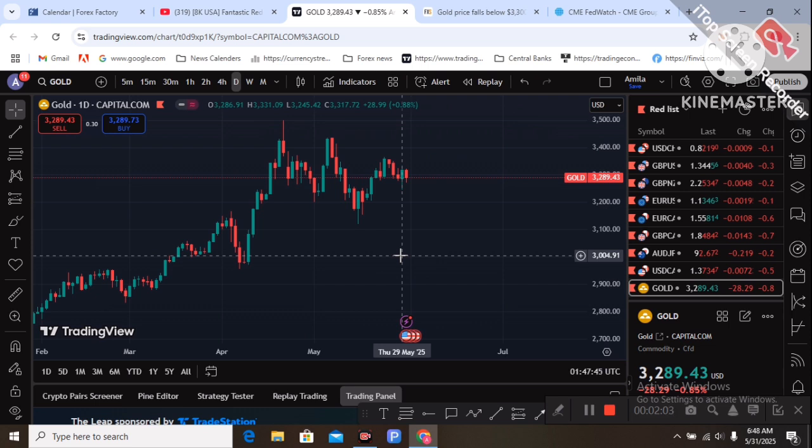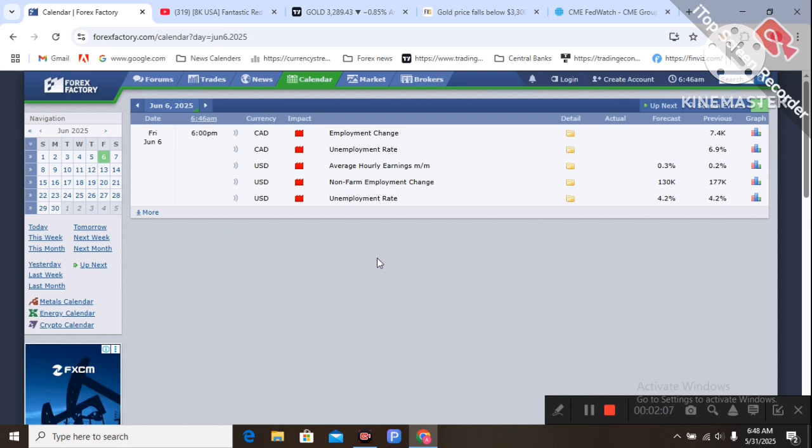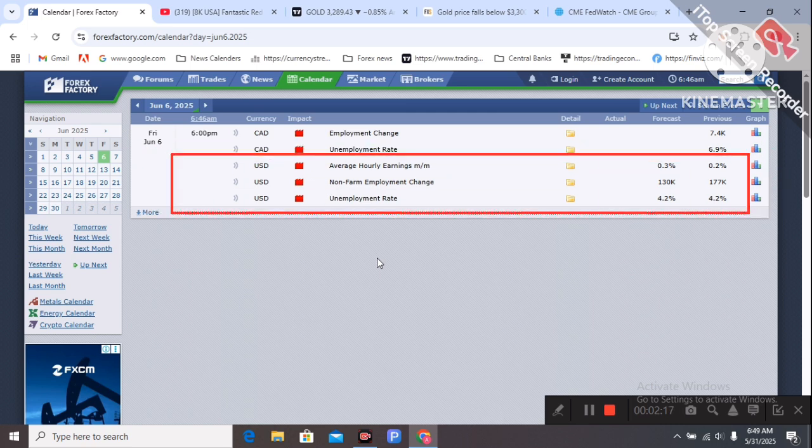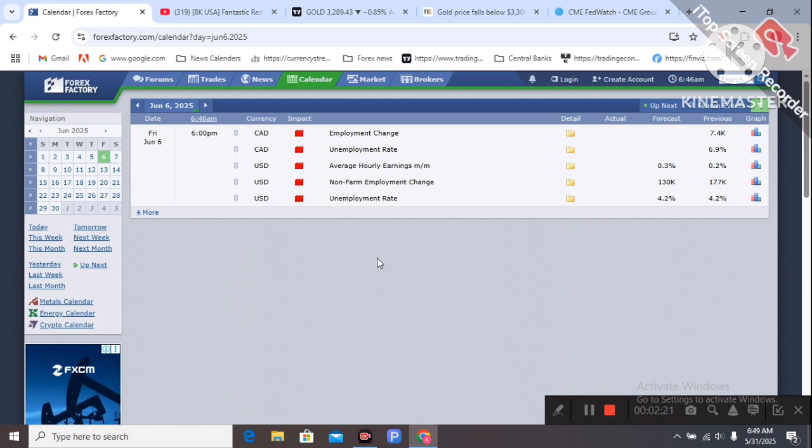So let's see the next week economic events regarding the US dollar. The labor market is so important next week regarding the US dollar. The non-farm employment change data is next Friday.